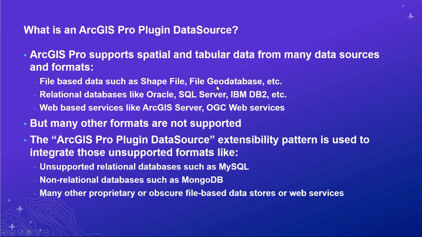But many other formats are not supported. So what do we do? The plugin data source extensibility pattern is used to integrate those unsupported formats. Like, for example, unsupported relational databases such as MySQL, or non-relational databases such as MongoDB, and then many other proprietary or obscure file-based data stores or web services.